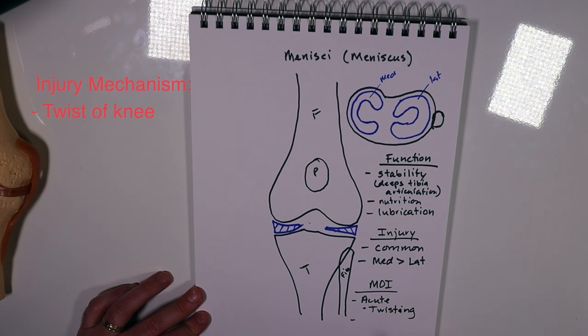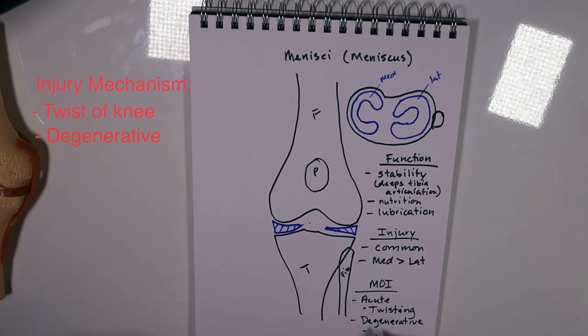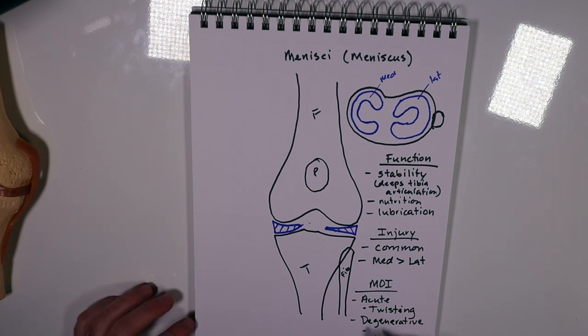And as we age, it is more common to develop degenerative meniscus tears. And that is more of just a wear and tear type injury, if you will. As we age, our tissues lose their water and resiliency, and that meniscus breaks down over time, especially if there's arthritic changes in the knee or wearing of the articular cartilage.